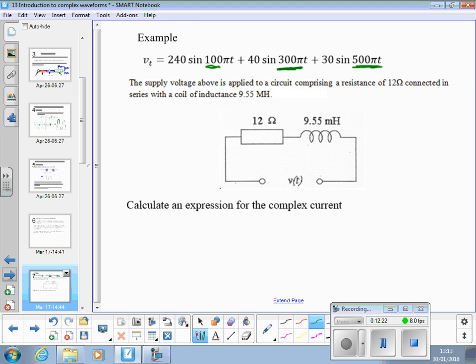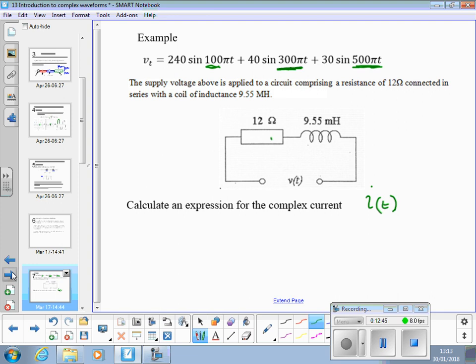Supplying this circuit with that 12 ohm resistor, 9.55 millihenry inductor. We want to calculate an expression for the current. So effectively we want an expression for little i at time t.